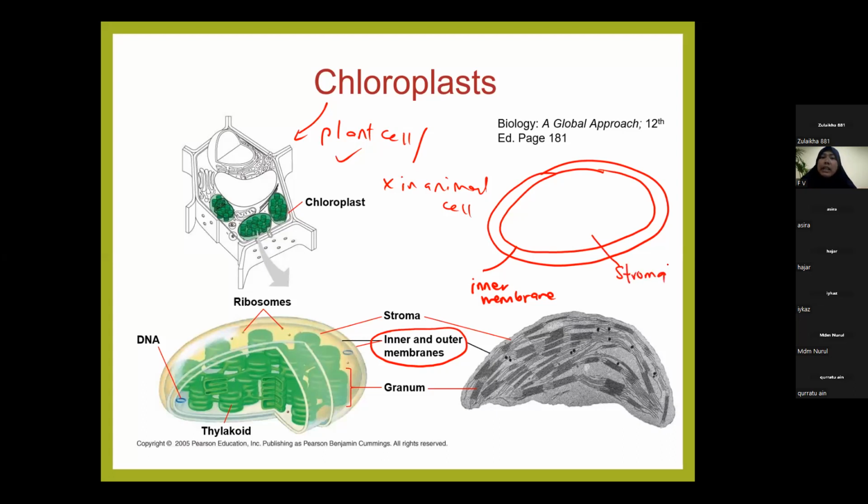Kalau kat mitokondria kita panggil matrix. So kalau kat sini kita panggil stroma. Okay, what you can found inside the stroma? You can found stack of thylakoid. Ni macam ni, duit shilling bertingkat-tingkat macam ni. So duit shilling bertingkat-tingkat ni kita panggil sebagai, setiap satu ni namanya thylakoid.